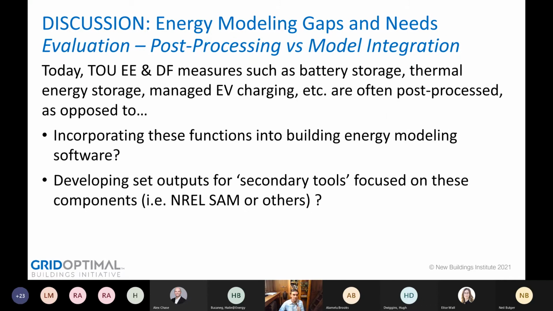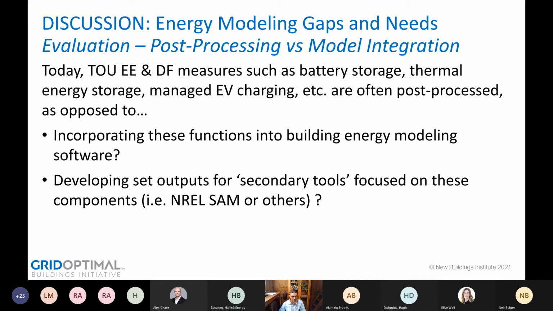And then the third piece actually gets to kind of that last sentence I said. Which things happen in the model inherently, and which pieces do we have to post process, and what's the right place to put those calculations? Should we truly model the implications of dispatching a thermal energy storage system and pre-cooling and so forth?